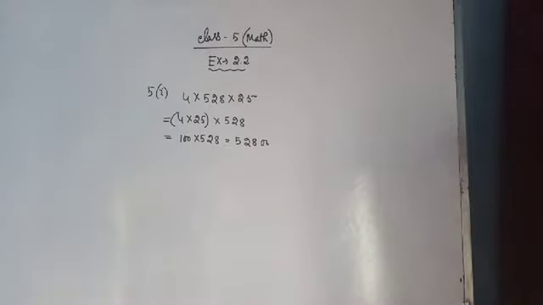Suppose if I do 4 into 528 first, it takes time, and then again multiply by 25. Surely, if you practice that way, you will face a lot of problems. Number one, if you are able to solve it, very good. But whatever time is required, just start the stopwatch.